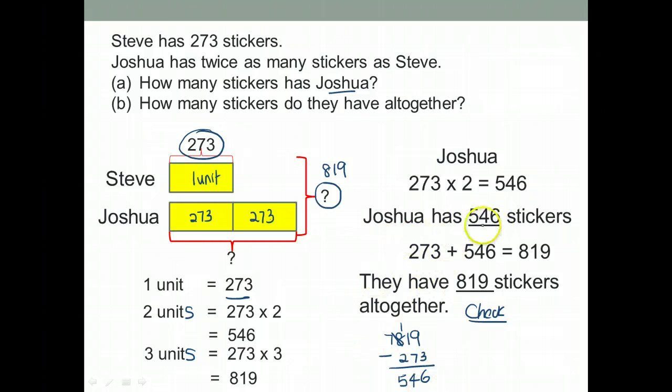See, I know that Joshua is 546, right? So I know that if I take 546, if I divide by 2 units, divide by 2, I will get back my 273. So this is how I check that my answer is correct.